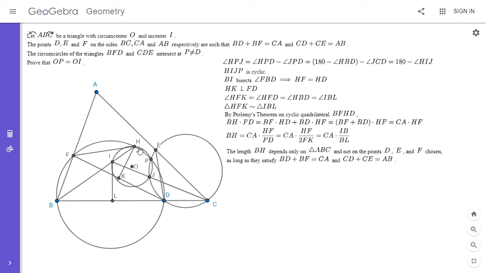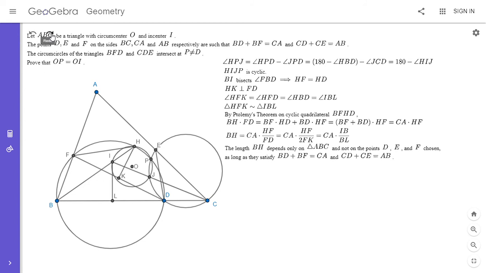And I claim not only does the length BH have to be the same, but the point H has to be the same point, because H lies on the line BI, which is independent of the choice of D. Okay?